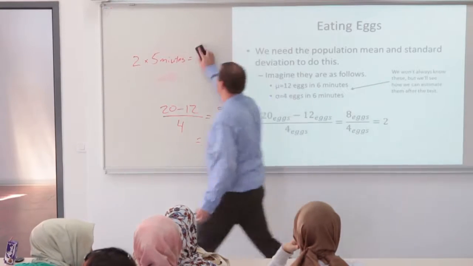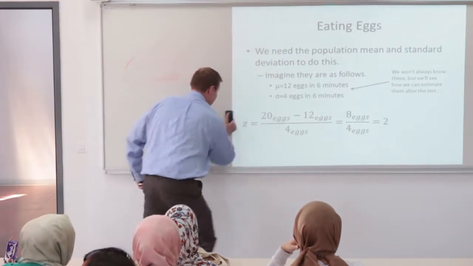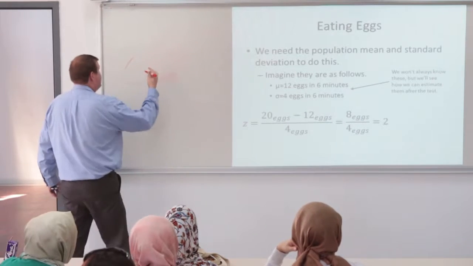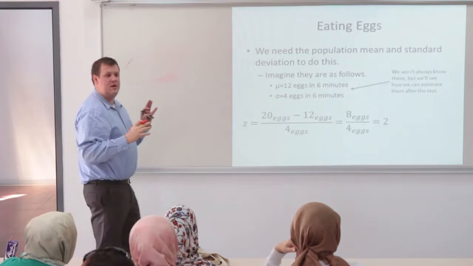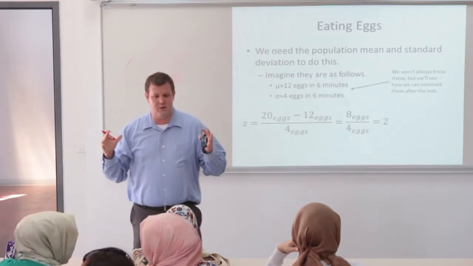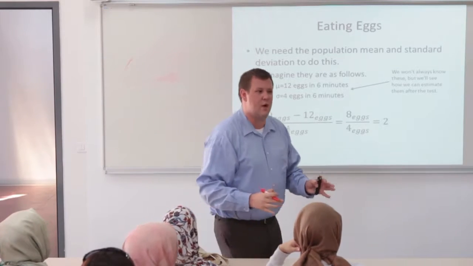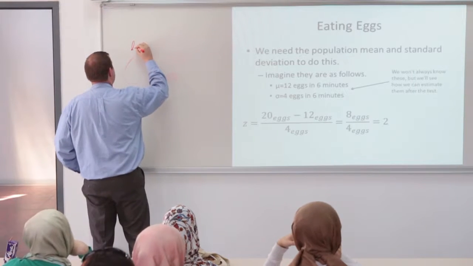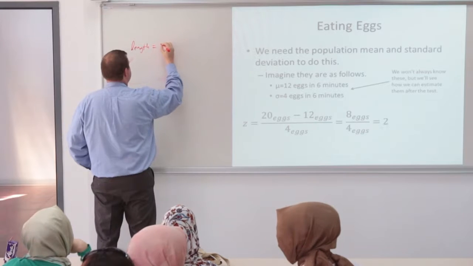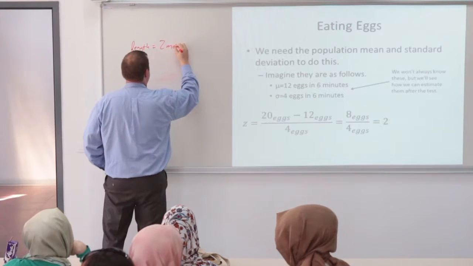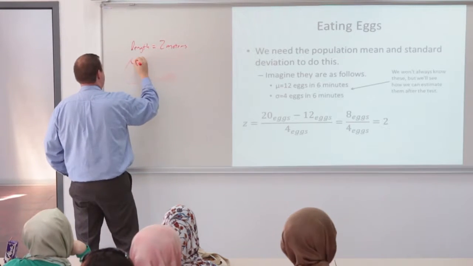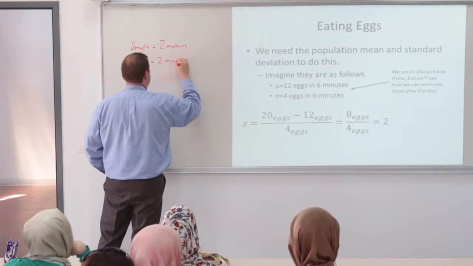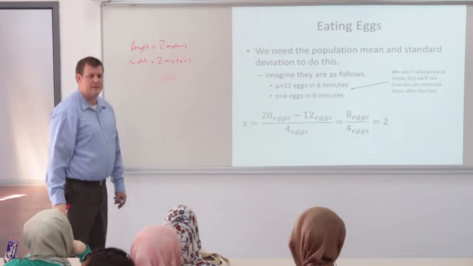Let's do something really, really simple. Let's say we have some office that a student is going to stay in. And the length of the office is 2 meters. And the width equals 2 meters. Right?